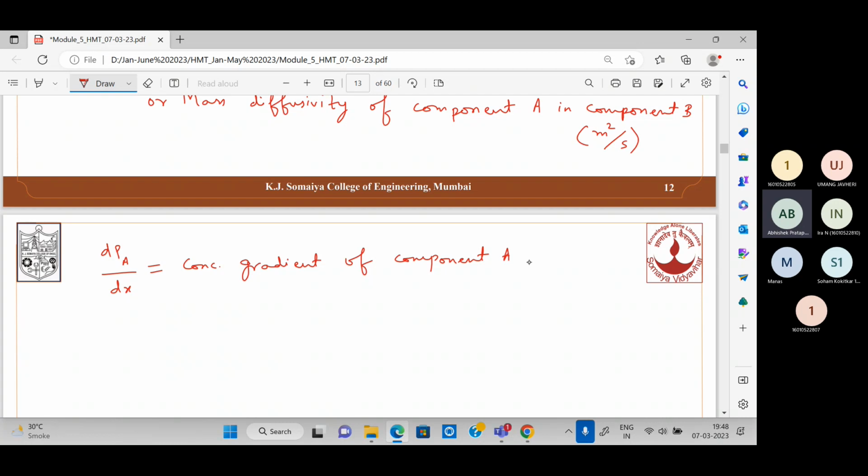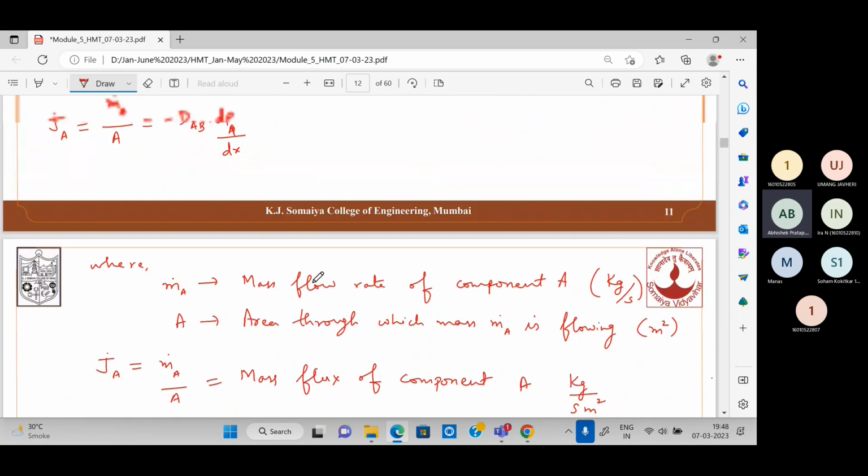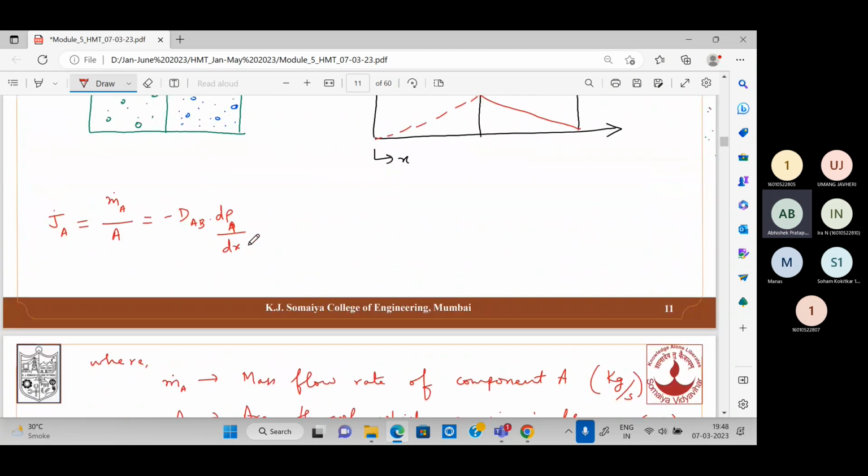Okay, this is the driving potential for diffusion of a species. Now we have understood this equation, the meaning of each and every symbol.